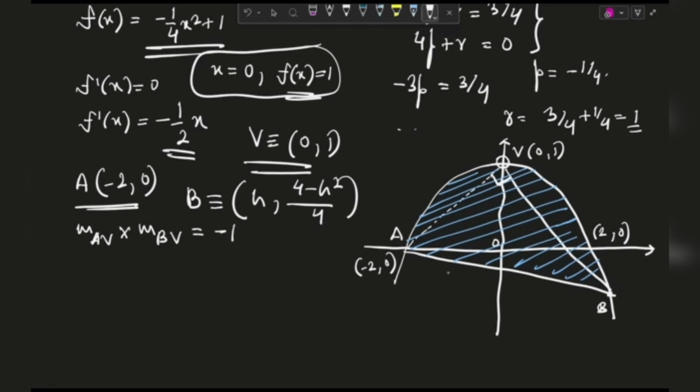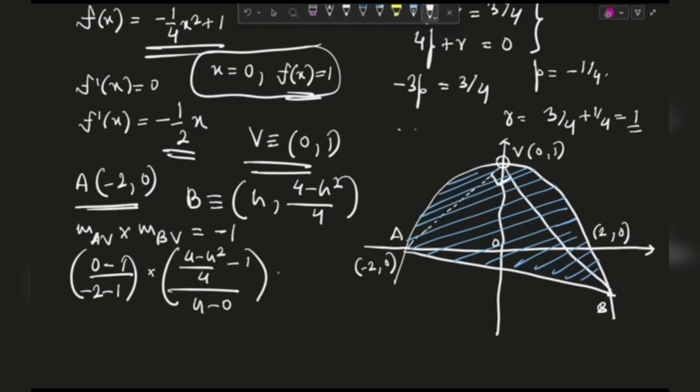We have taken B to be this point. So this becomes (0 minus 1) divided by (minus 2 minus 1), multiplied by ((4 minus h squared by 4 minus 1) divided by (h minus 0)), and this is equal to minus 1.